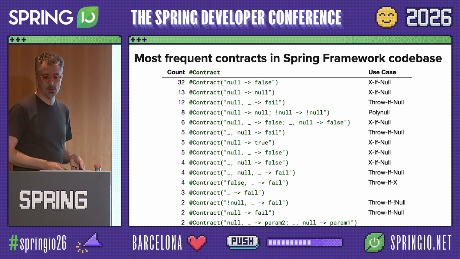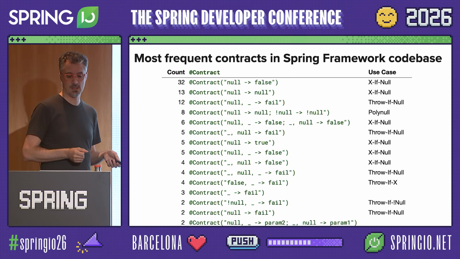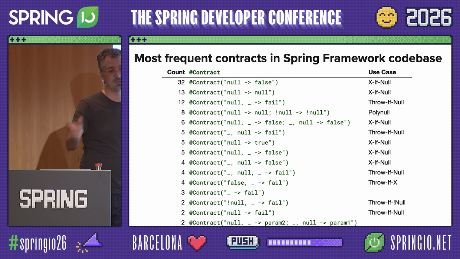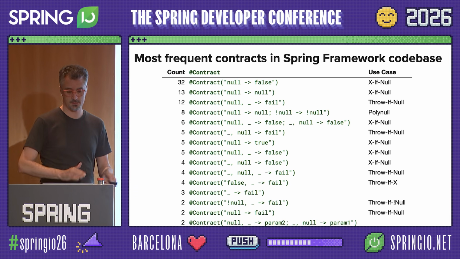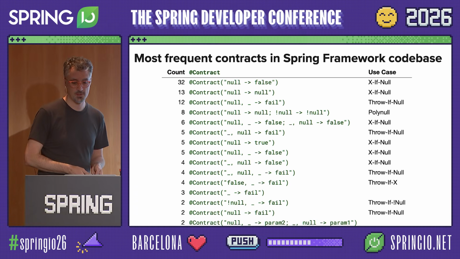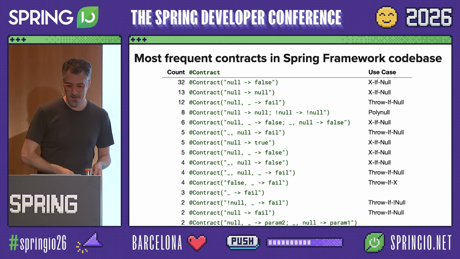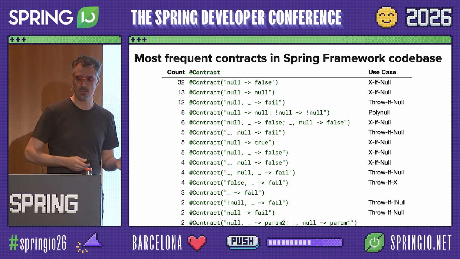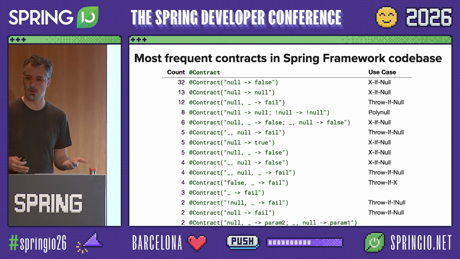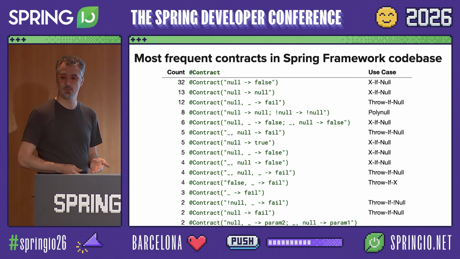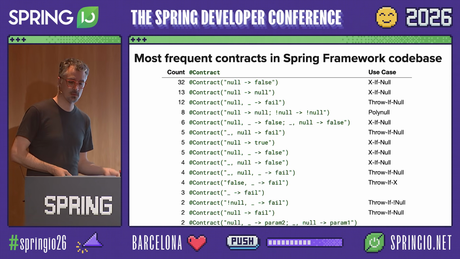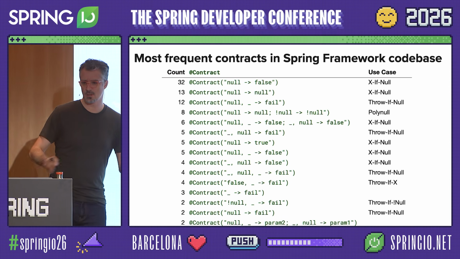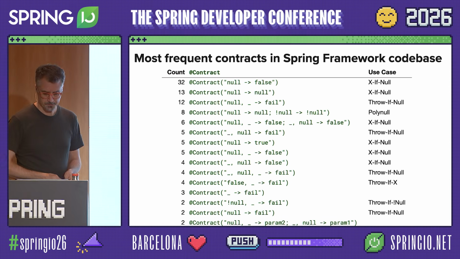We also have what we call polynull. Polynull means that the nullability of the return value depends on the nullability of the input parameter, and this is what specialists call polynull. There are other kinds of use cases, but these are the popular ones we have in Spring Framework, and maybe that can provide you inspiration for the kind of use cases you may have to manage in your codebase. I think we are using that a lot for the utility classes, assertions, stuff like that Spring is doing.